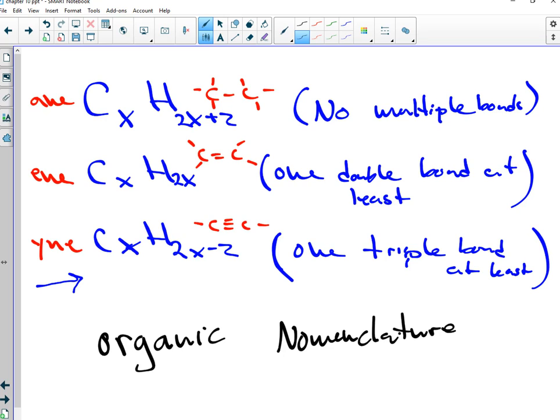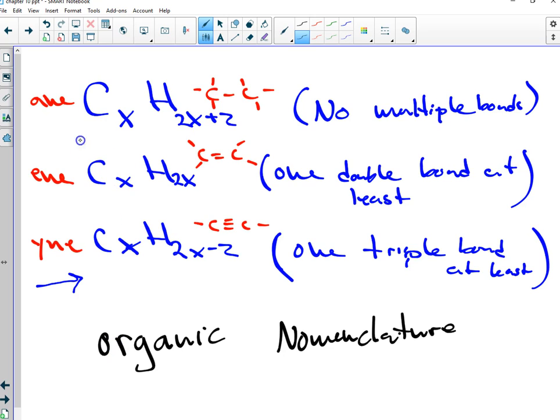You need to know 3 ways that these end. An organic compound or a hydrocarbon, which is all we care about, because they are way more complicated than this. But for us, all we care about are basic hydrocarbons. They will always end with either the letters A-N-E, E-N-E, or Y-N-E.